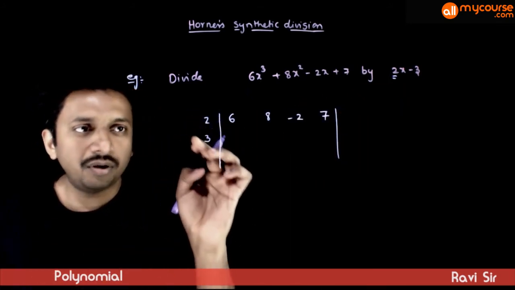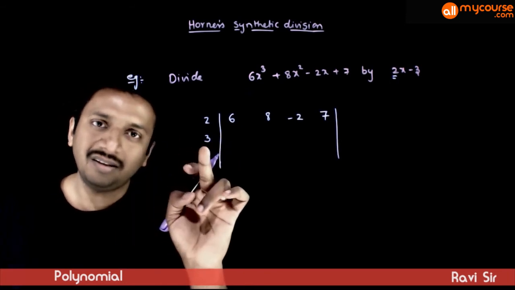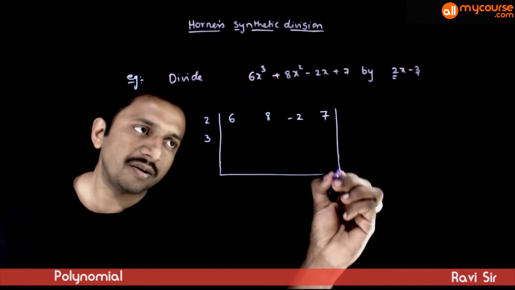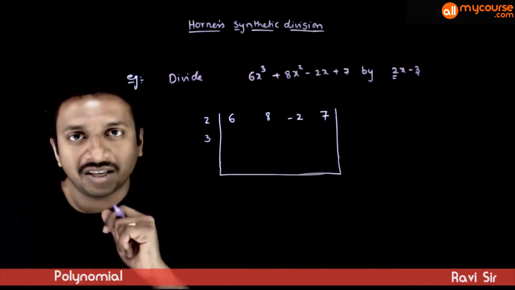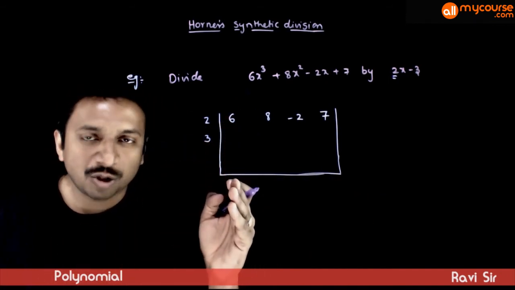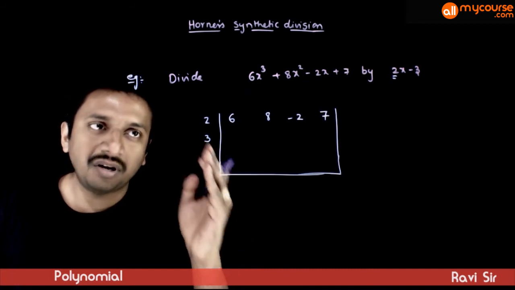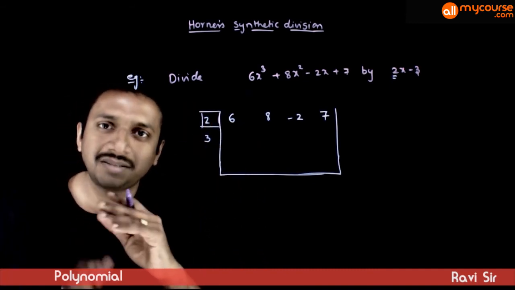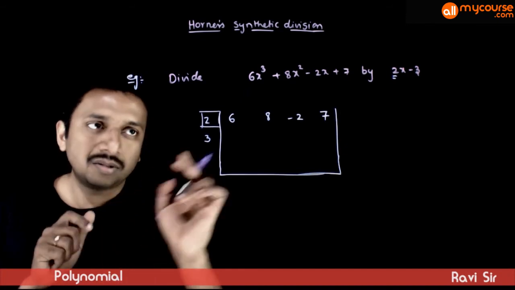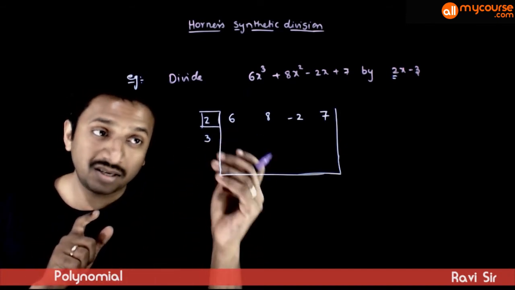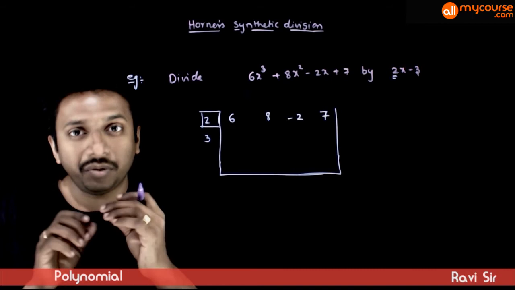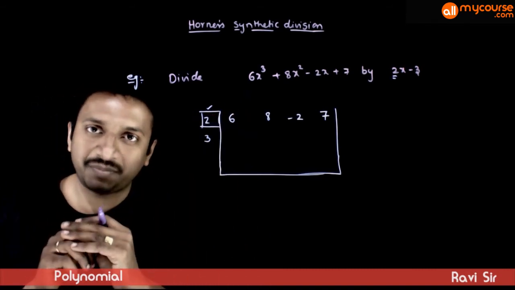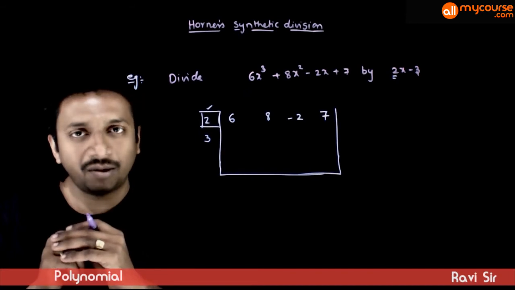So this is the leading coefficient, this is the constant term. So now at each stage, whatever is to be carried down, you have to divide it by the leading coefficient. So that's a simple theory. So you remember that and go forward.